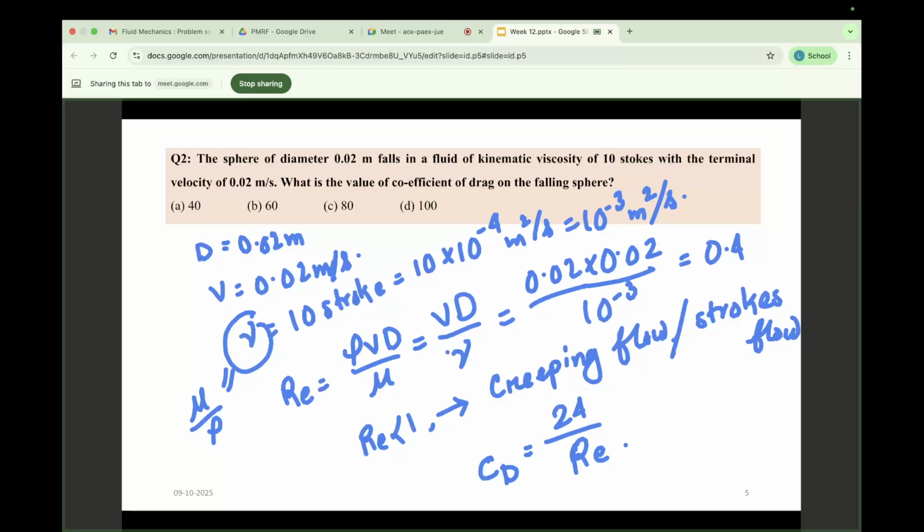Placing the value in this formula, 24 by 0.4 gives 60. So the answer is 60, option B is the correct answer. I hope you understand this concept.